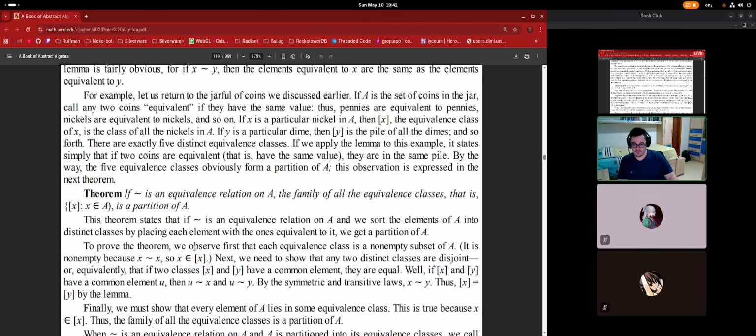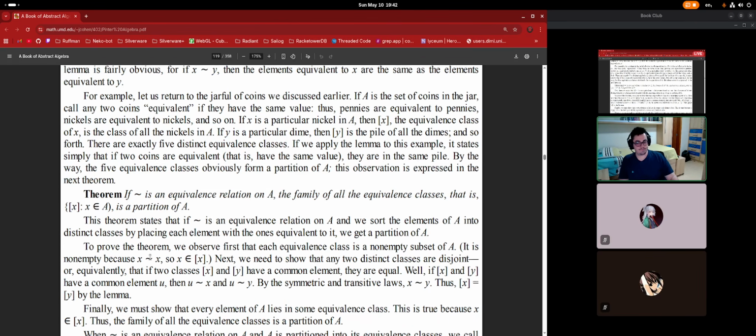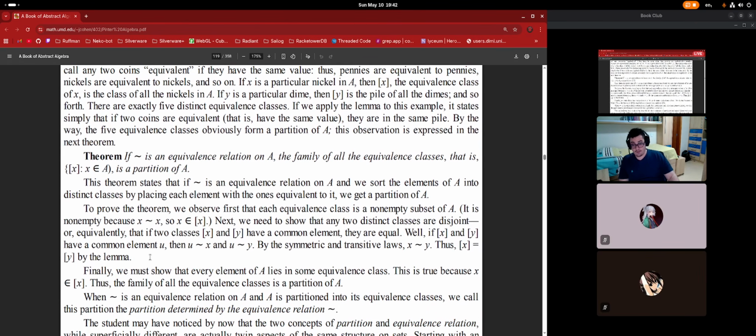To prove it, we observe first that each equivalence class is a non-empty subset of A, because of reflexivity, right? Next, we need to show that any two distinct classes are disjoint, or that if two classes, the equivalence class of x and of y, have a common element, they are equal. Well, if they have a common element, then by the symmetric and transitive laws, x should be equal to y.